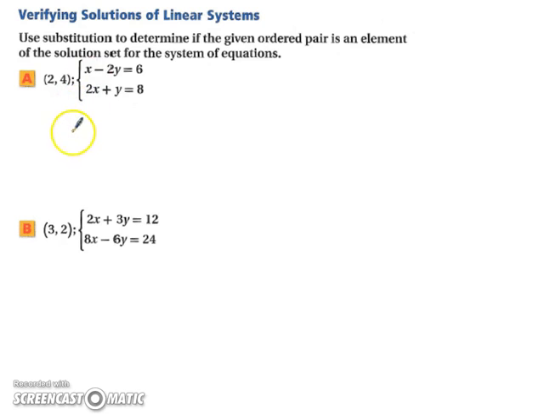So we have 2 minus 2 times 4, and we want to know if it, in fact, equals 6. So we have 2 minus 8. Well, 2 minus 8 is negative 6, so that does not equal 6. As soon as it doesn't work for 1, the answer is no. It doesn't matter if it works for the other one.